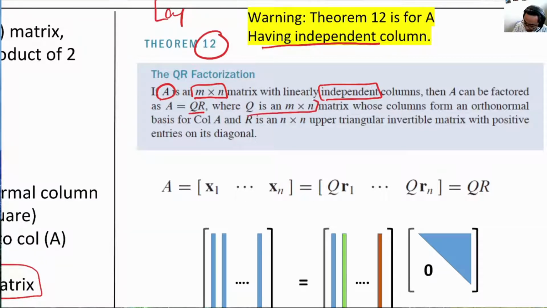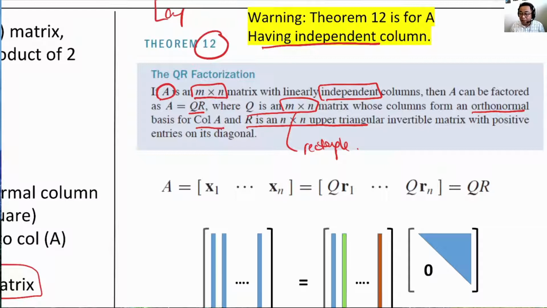Q is m by n, and if m is not equal to n, then this will be a rectangular matrix. Now this m by n matrix has orthonormal columns, and the columns of A are spanned by the columns of Q, while R is a square upper triangular invertible matrix.